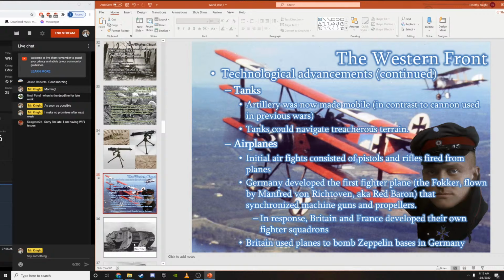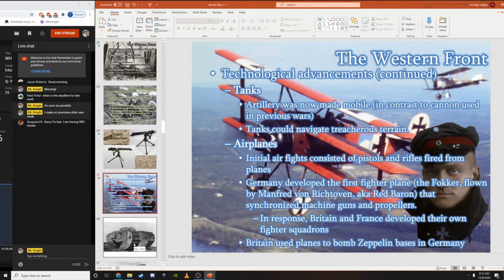If you were firing the gun through the propeller, unless it was synchronized, you'd just blow the propeller off the plane and then your plane would crash, okay? You can't do that.